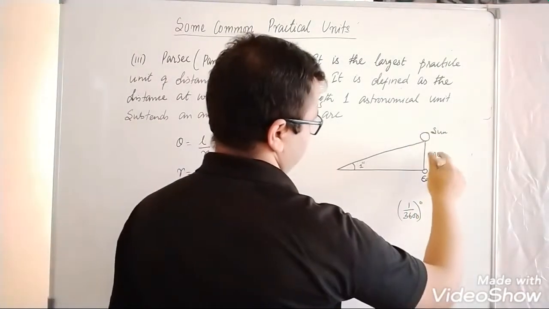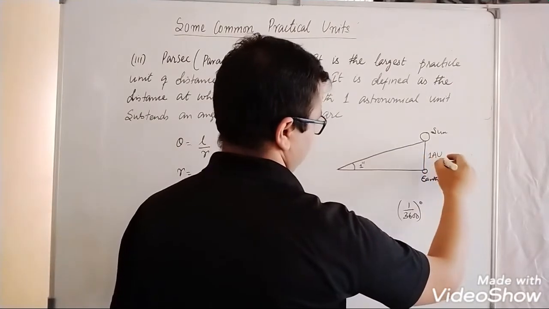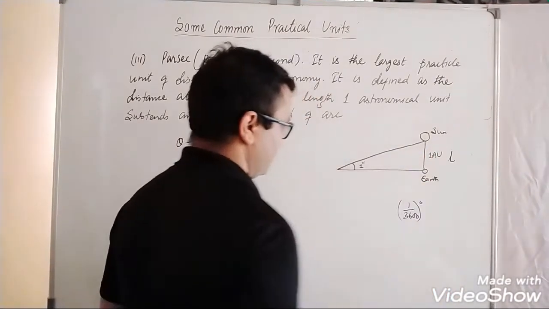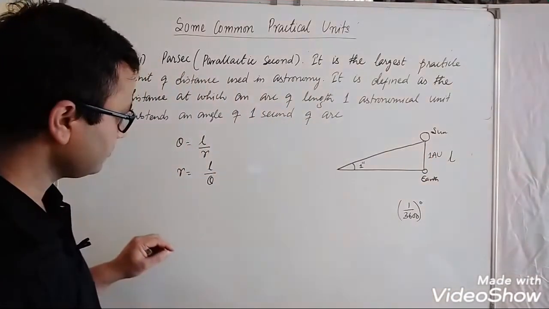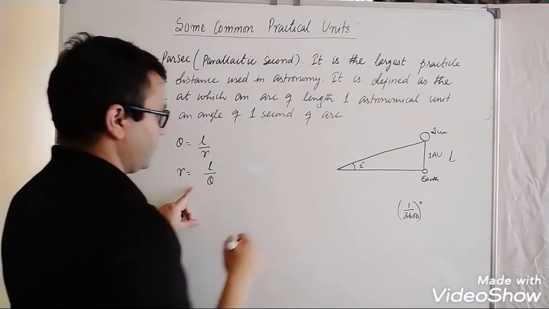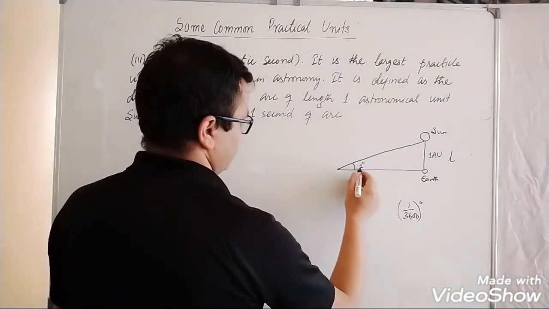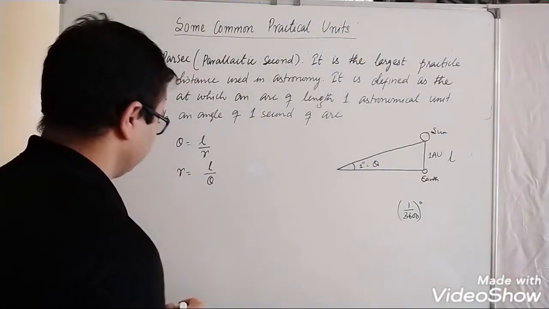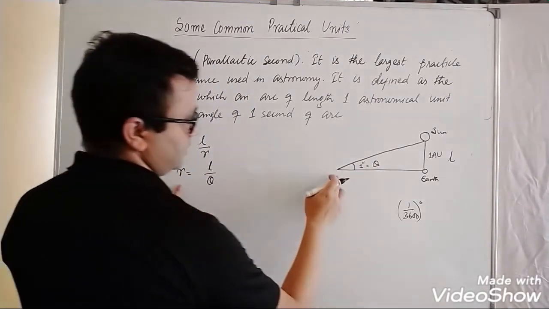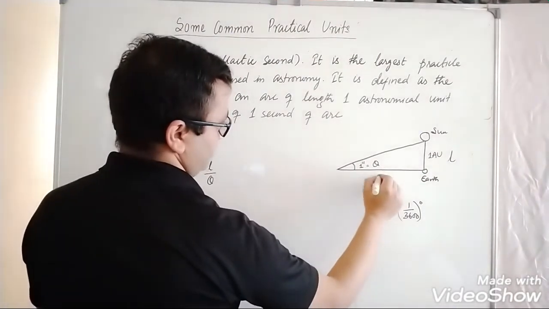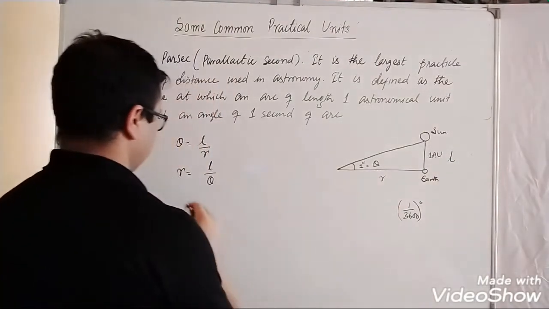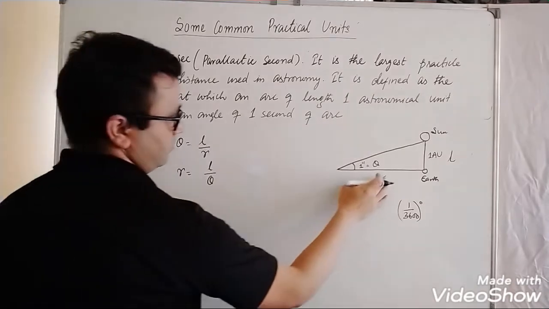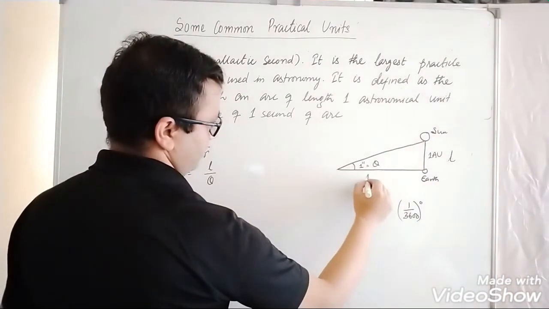The distance between Earth and Sun is L. Now this is theta, 1 second is theta. And this distance is R. So R is 1 parsec.